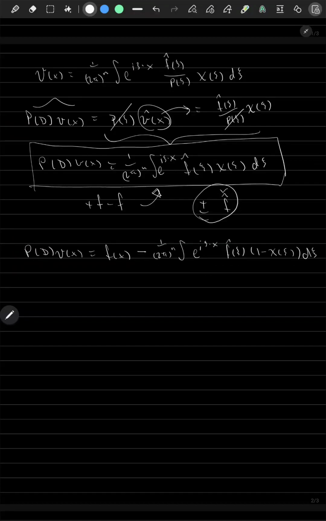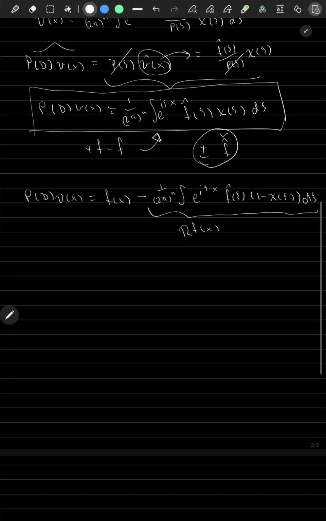This is our error term, and we can actually rewrite this error term as R f. So it's some operator R applied on f. We call R a regularizing operator, and we call it that because this here, 1 minus our cutoff function, is actually now 1 in this smaller ball.